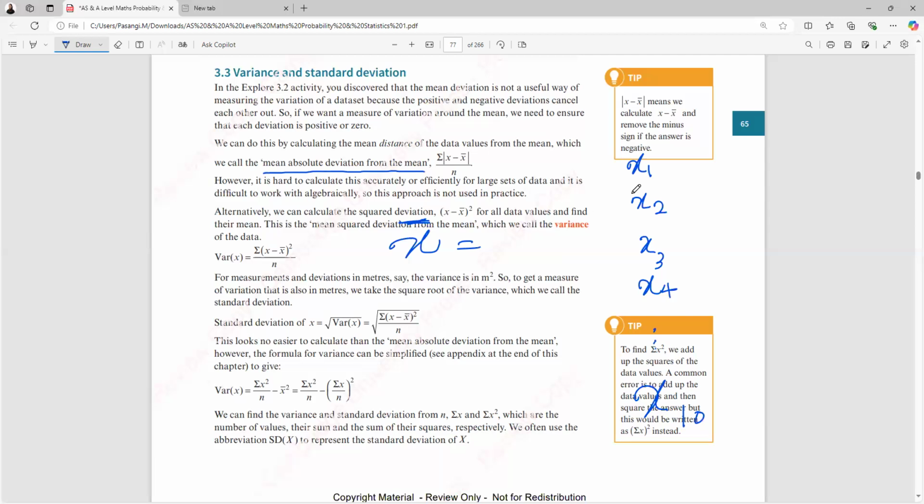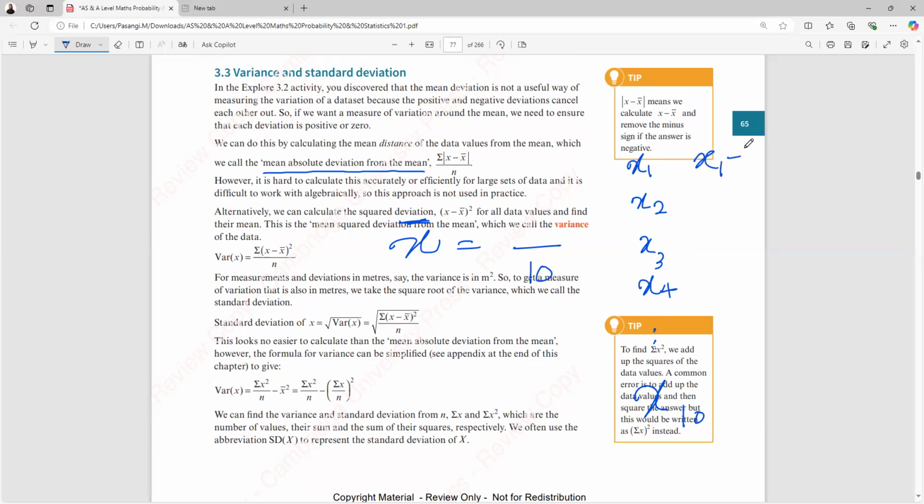We just add all these values together and divide by 10. Then we have x bar, the mean of this entire data set. Then we have to take the absolute deviation, that means the positive value of the difference of each data point with this x bar, which means mean.